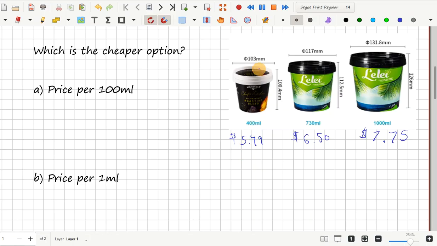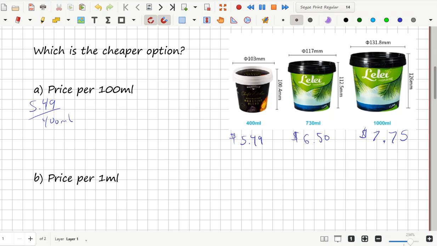So for the first one, I see this is probably ice cream. So I have an ice cream container of 400 milliliters, and that costs me $5.49. And that's per 400 milliliters.